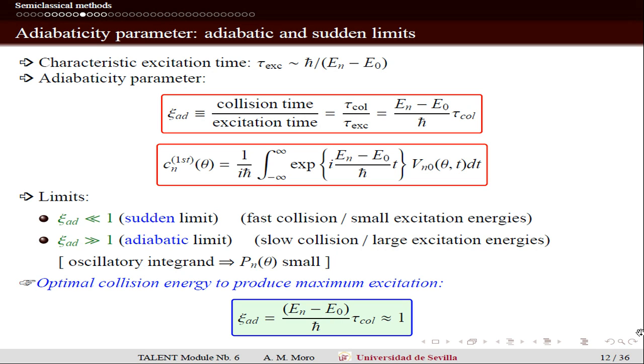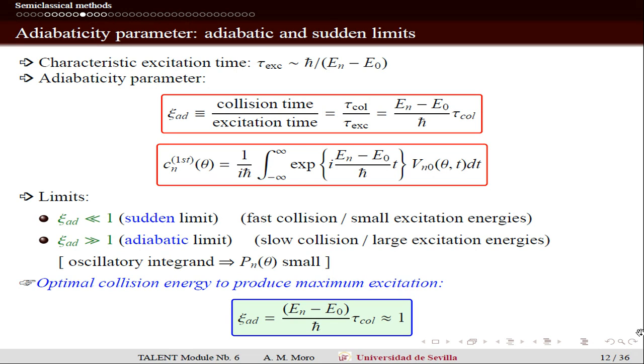Also, from the same arguments, the value for which this integral is a maximum will correspond to situations in which the argument of this exponential is close to 1, or the order of 1, sorry. So there is a range of excitation energies for one given incident energy that produces this adiabaticity parameter of the order of 1.